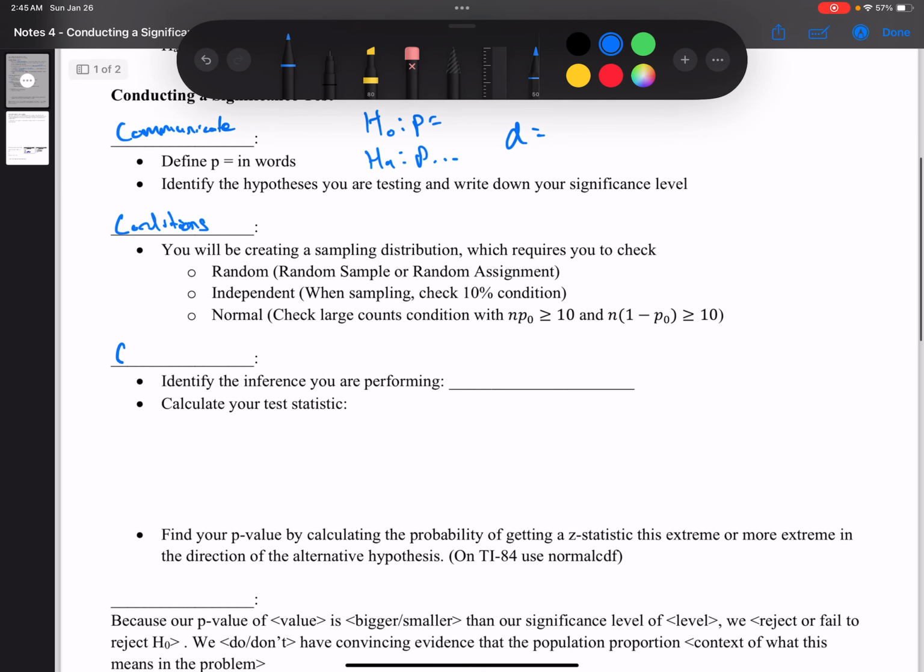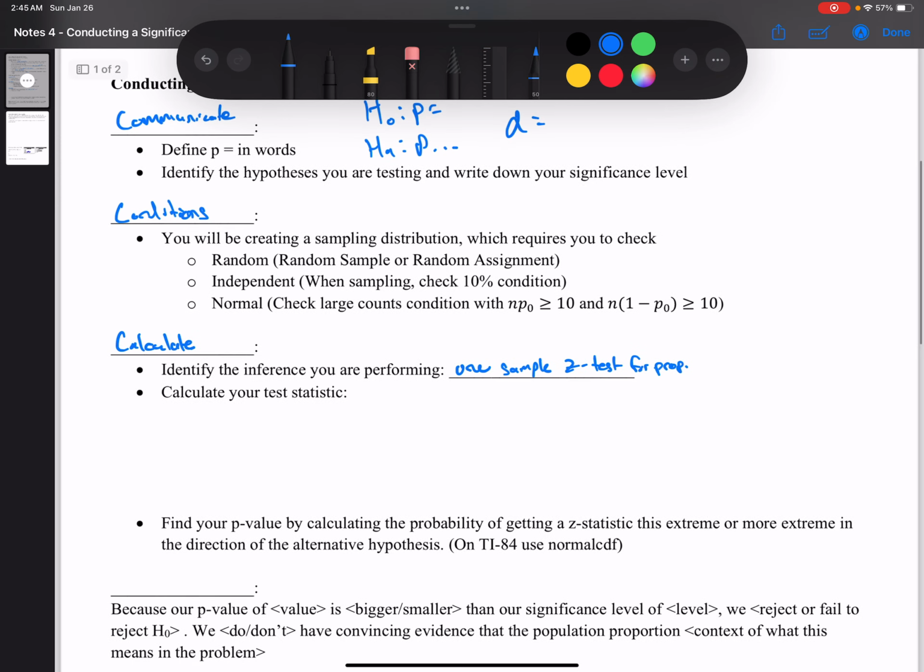And then we calculate. Okay. And remember, this is a one sample z-test for proportions. Okay. And then you can either write that whole thing out, or if you include the formula, that would be enough, which in this case for our test statistic, that's p hat minus p naught over the square root of p naught, 1 minus p naught over n.